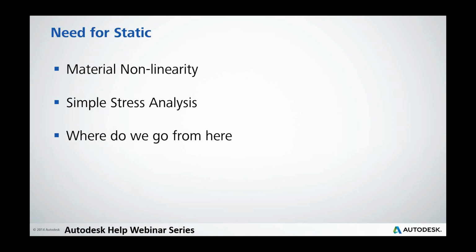And one of the things we're looking for in particular is stresses that are equal to or greater than half of the yield stress of that material. And if they are in that area, then we want to start considering nonlinear effects. That's where we would want to jump to the nonlinear stress analysis. A static stress analysis is very simple, easy to do, typically has very good convergence characteristics.